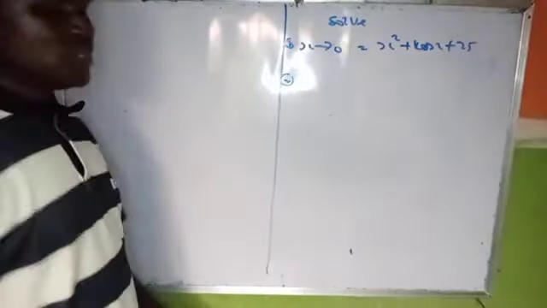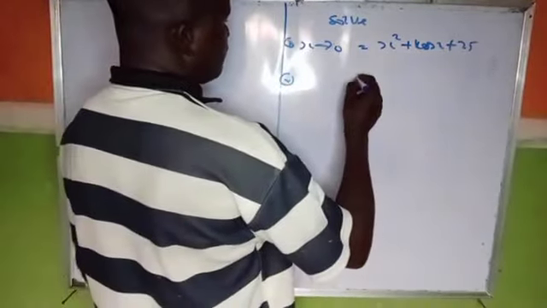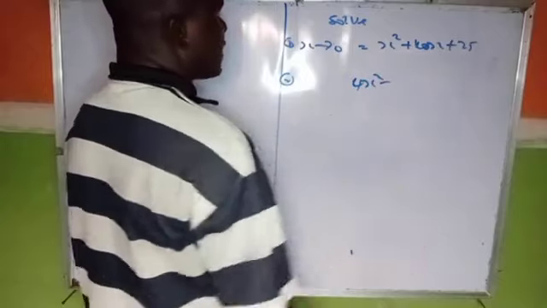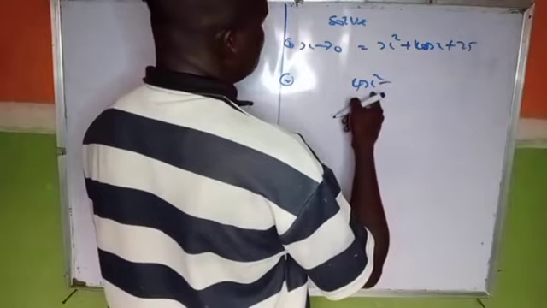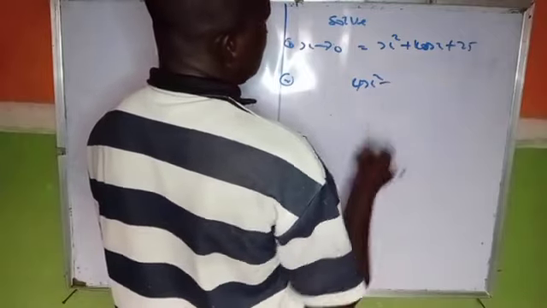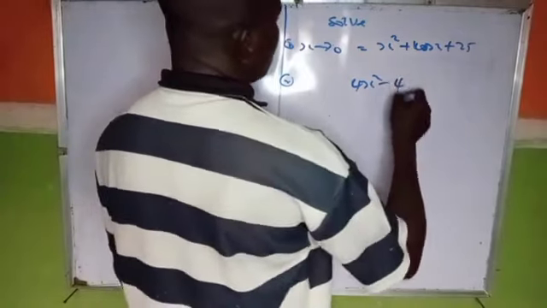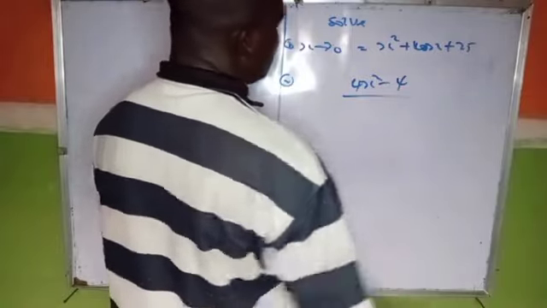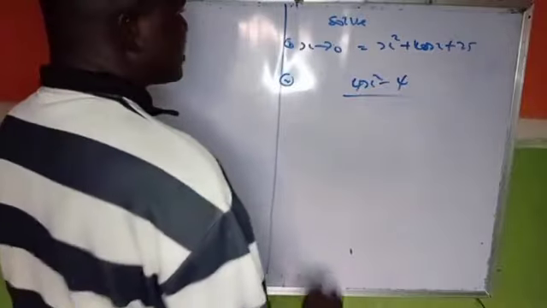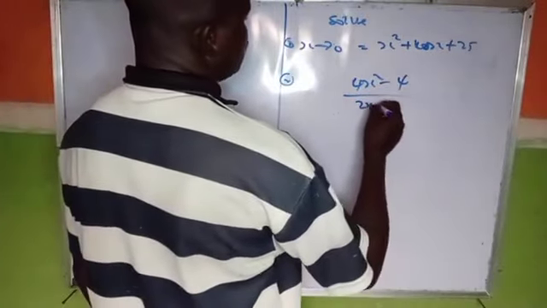Question 2. Look at this. 4x squared minus 4, over 2x minus 2.